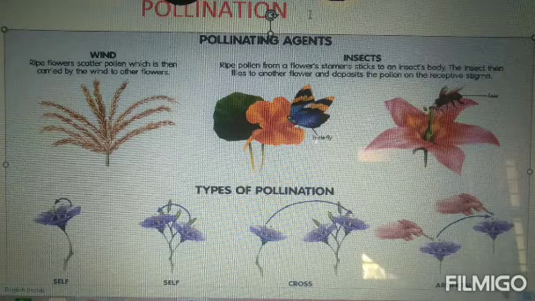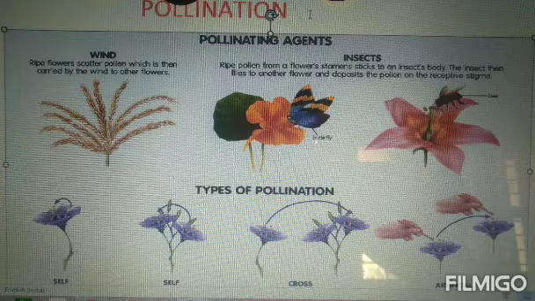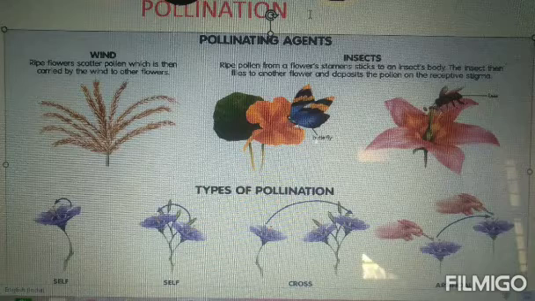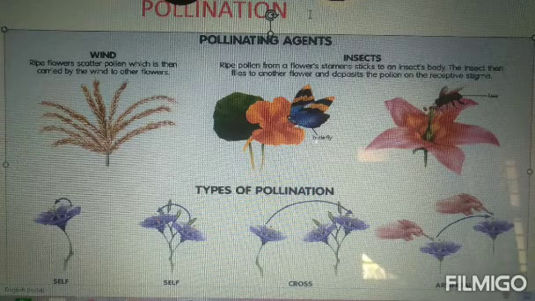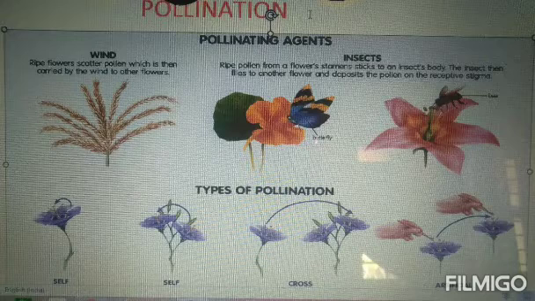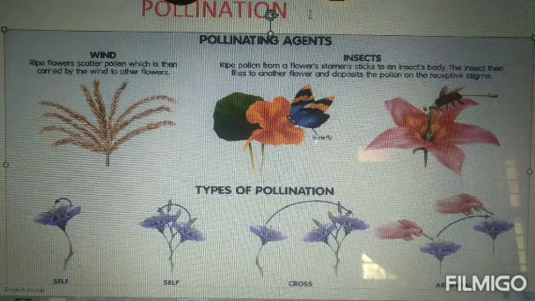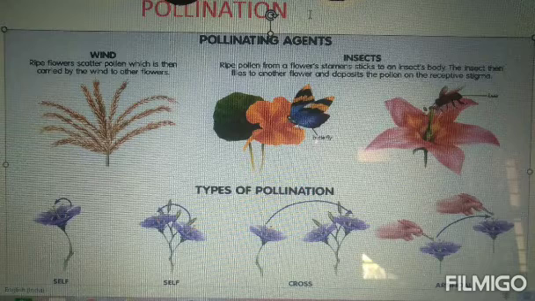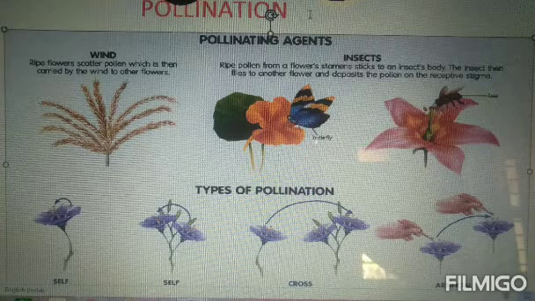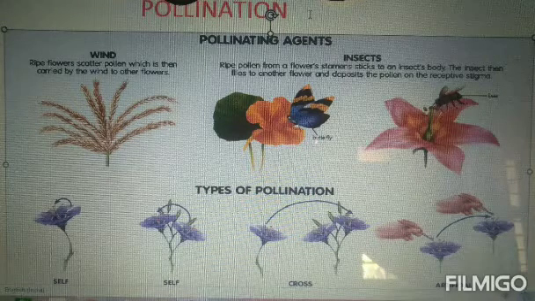The flowers which get pollinated by insects will usually be colorful, will have good fragrance, they have nectar, and pollen grains are big. Insects visit these flowers not only for the nectar, but also for pollen grains.